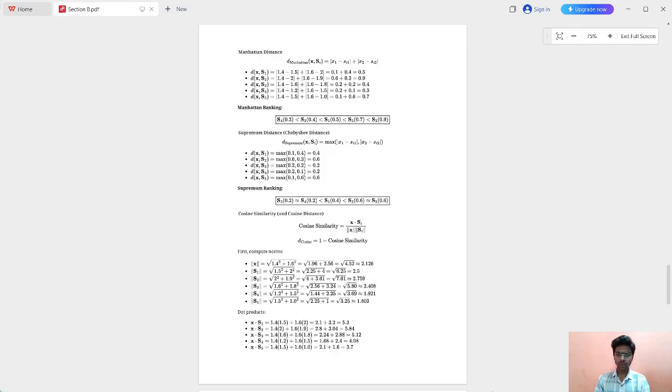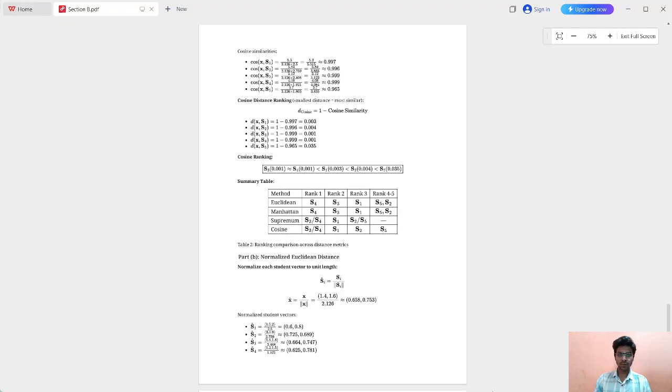The dot product of x and S1 equals 5.3, S2 is 5.84, S3 is 5.12, S4 is 4.08, and S5 is 3.7. Cosine similarities are computed from these.